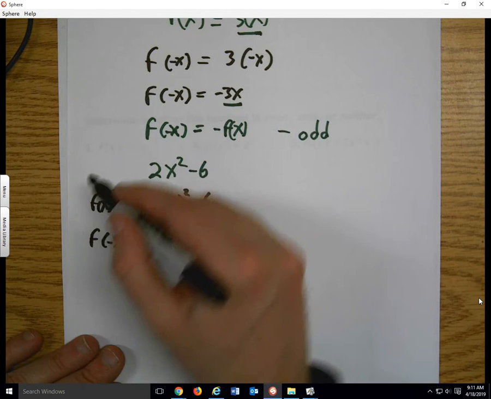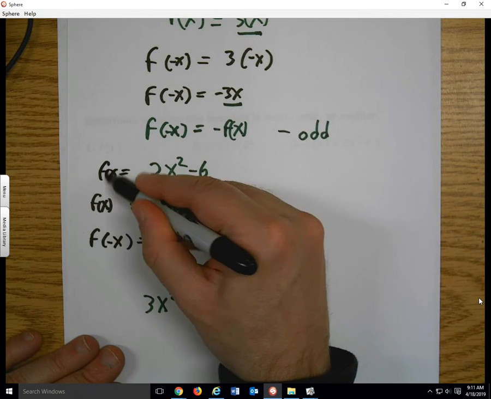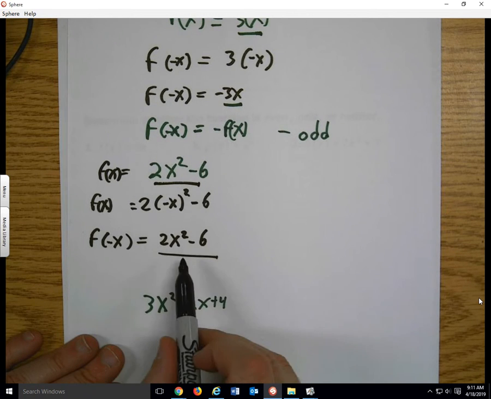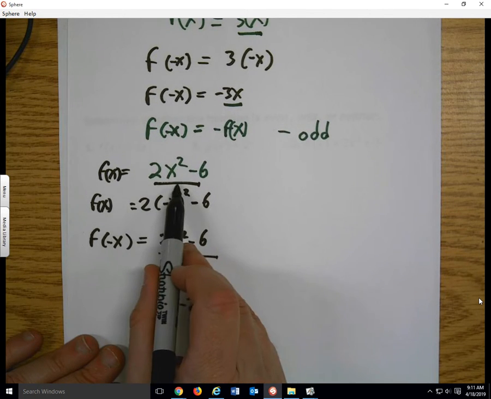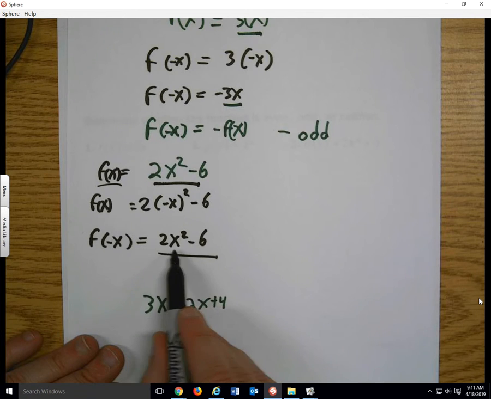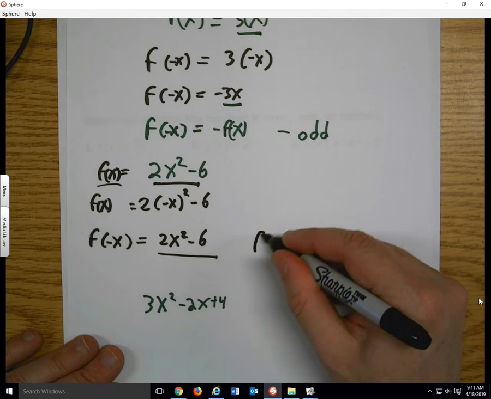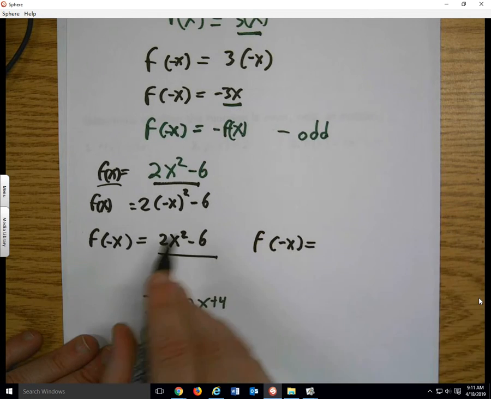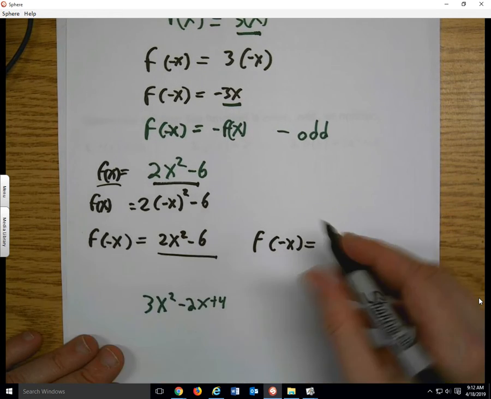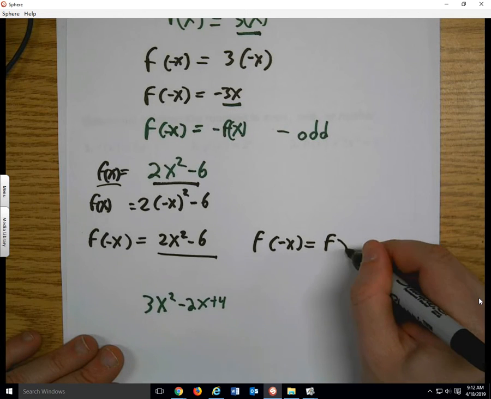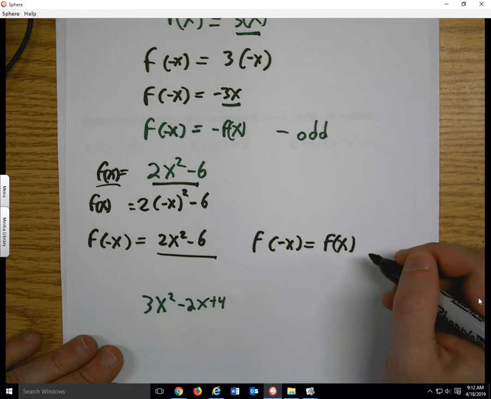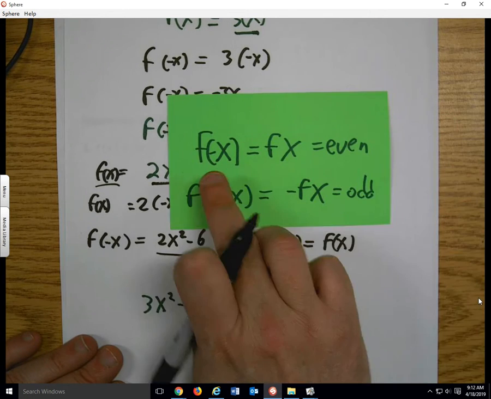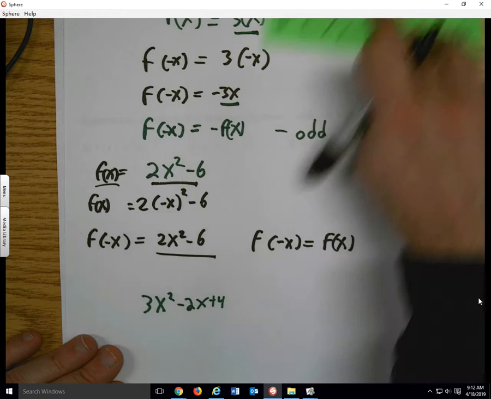And then can we substitute this for anything? Yeah, this and this are the same. And since this equals f of x, instead of this I could write f of x. So we'd have f of negative x equals f of x. And so when you have a negative x equaling f of x, it's even, right?